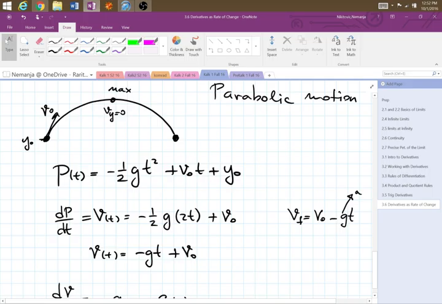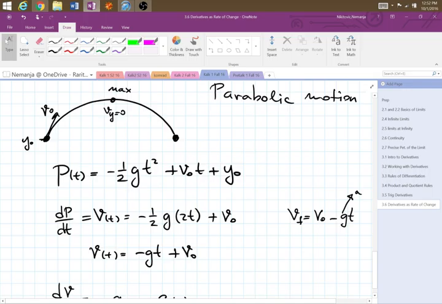Now we take the derivative in respect to time. Derivative of t squared is 2t. Half will cancel the 2, so we just have negative gt. And then derivative of this term, that's a constant, we copy it. Derivative of t is 1. So v0 times 1. Derivative of y0, which is just a number. When I toss this marker, I toss it from this height, which is 6 feet.